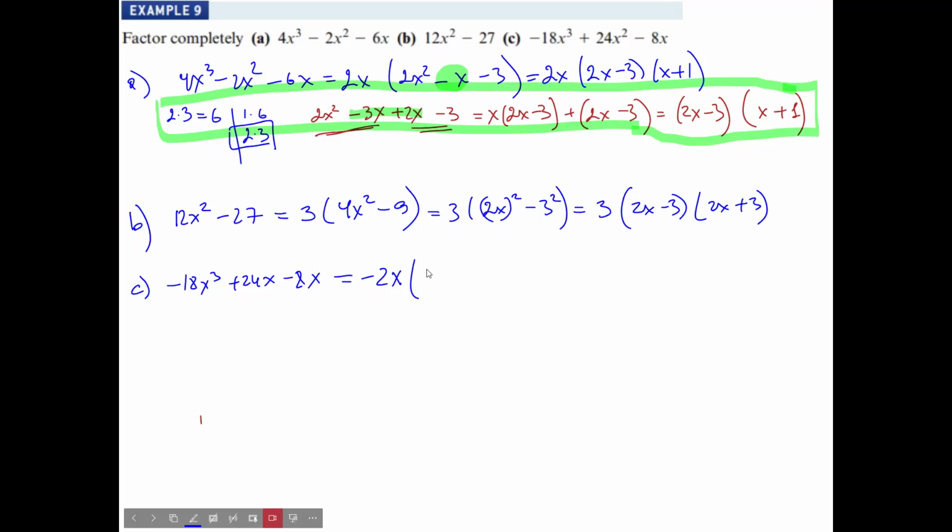What I have? 9x squared minus 12x plus 4. You forget the square.